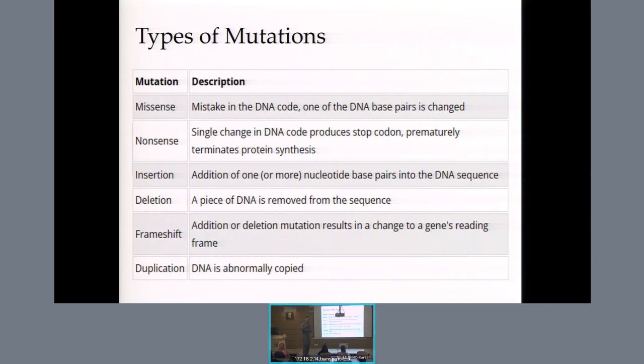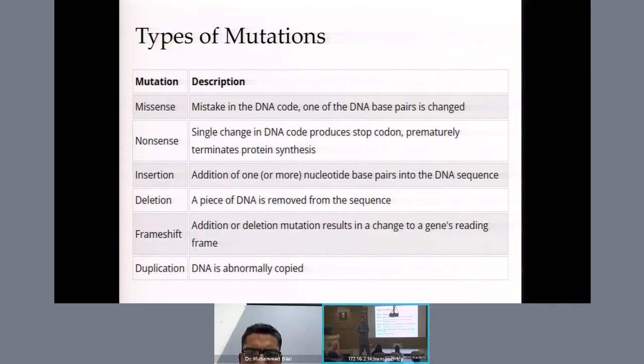Many proteins get translated from one sequence set. Sometimes the ribosome goes ahead, sometimes it goes back, and the whole frame is changed. When the frame is changed, the proteins are changed as well.